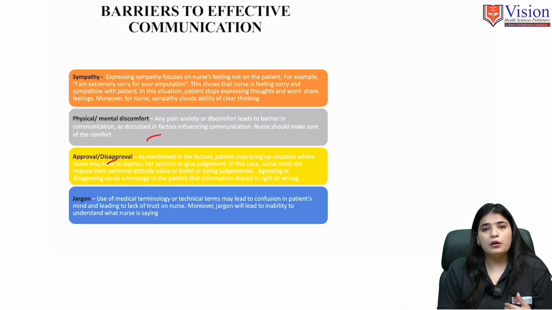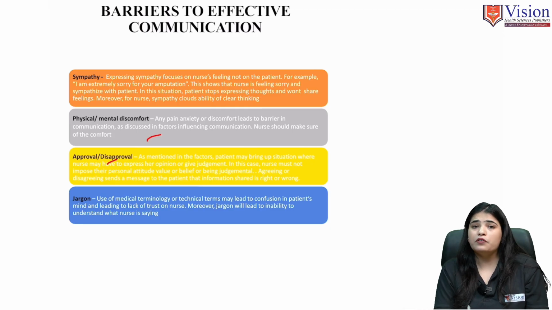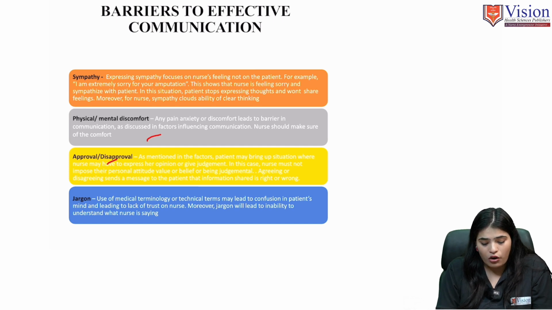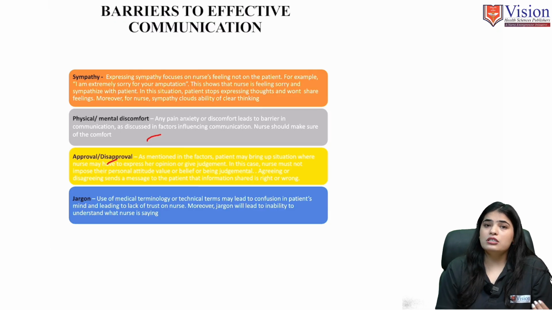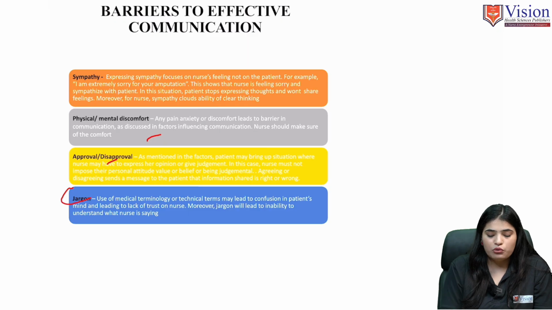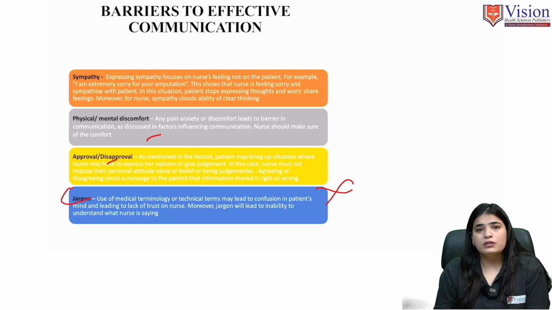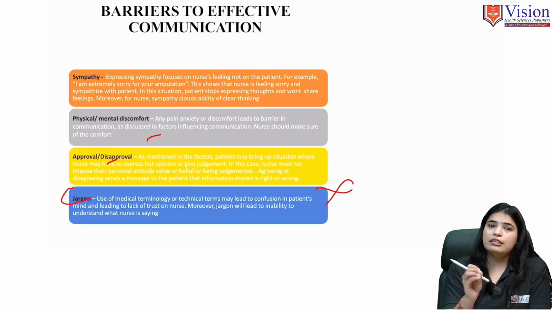If they impose their judgment, that will interfere with the communication. Next is jargon. The use of medical terminology or technical terms with which the patient is not familiar may cause confusion. So we do not use jargon or any medical terms which the patient might not know about. We have to talk in their language.